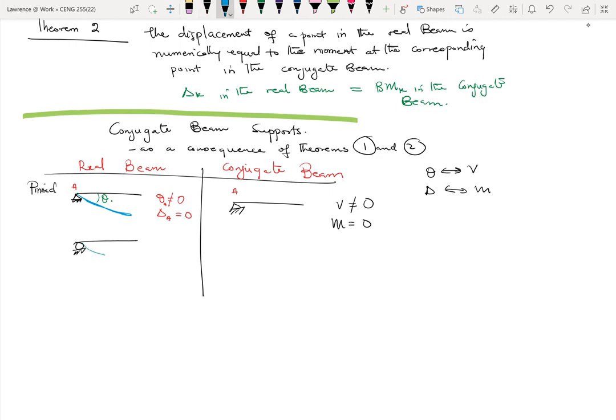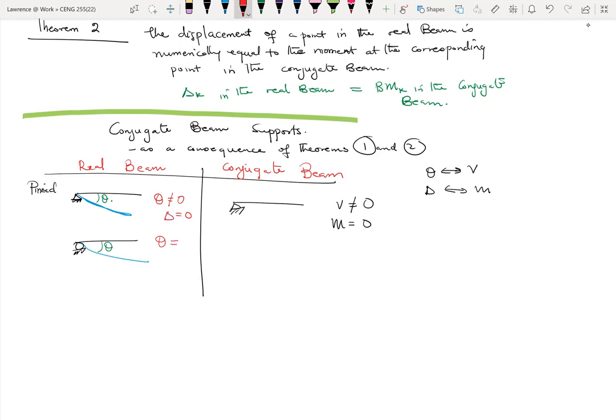Again, have an elastic curve. This is theta. So it means that, again, theta A or theta, I'm going to just forget about those subscripts. It doesn't really matter that much. Okay, so theta and delta. All right.